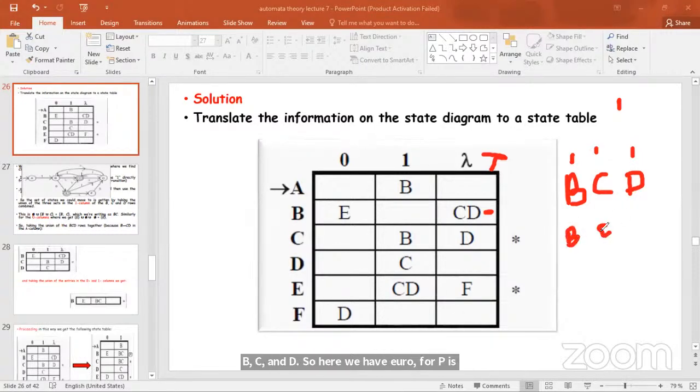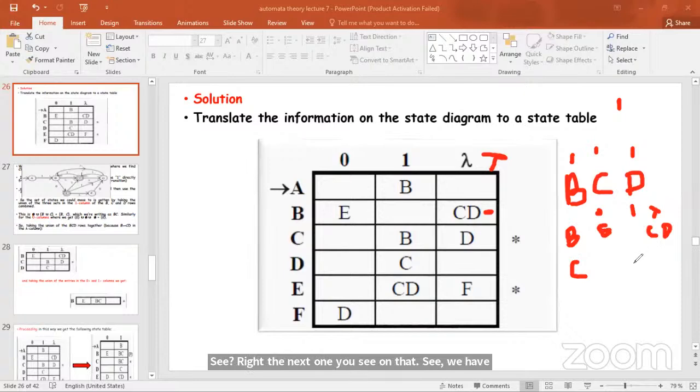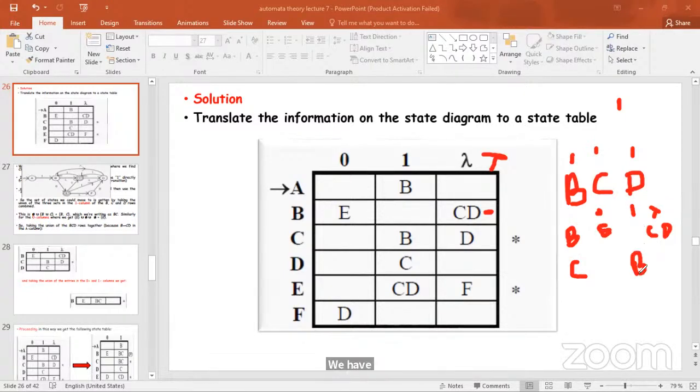You have E under 0, under 1 we have nothing, then under lambda you have what? C, D, right? The next one is C. Under C, we have nothing here, then under lambda we have B, right? Then D. Then under D, we have C under 1.